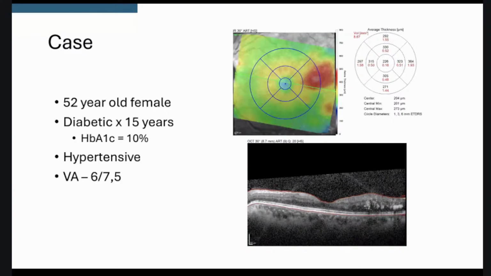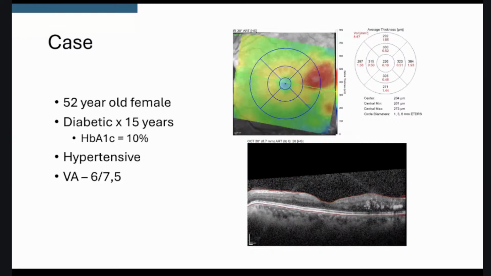And so I'd just like to present a case. We've discussed the diagnosis, we've discussed management options, and I'd like to present a patient that we treated in our eye clinic, who's a 52-year-old female patient. She's been diabetic for 15 years. She was uncontrolled.